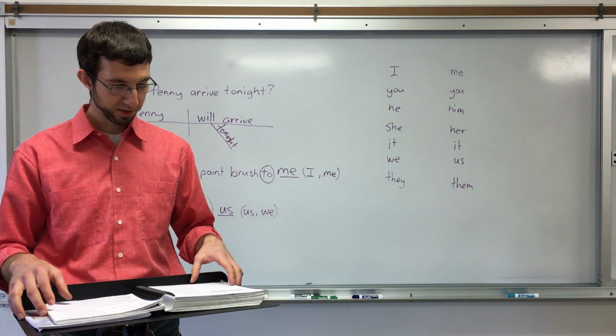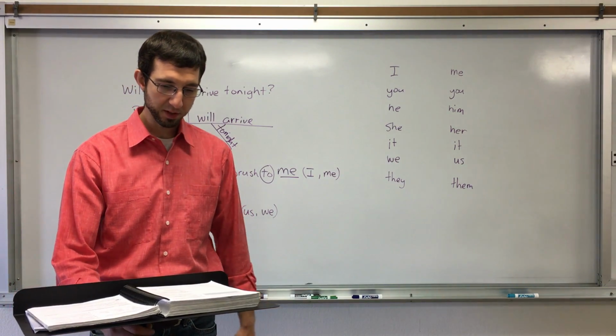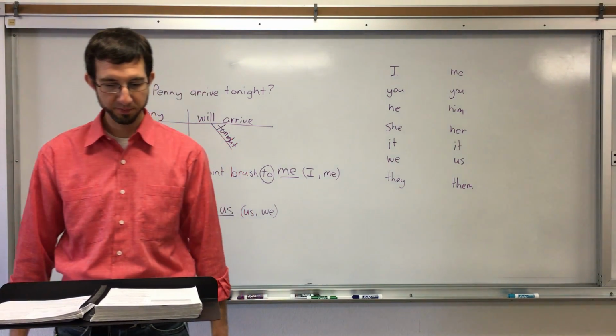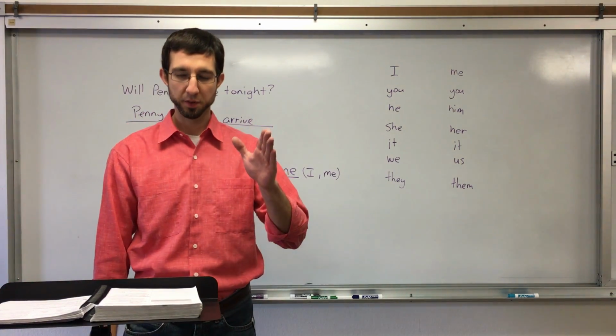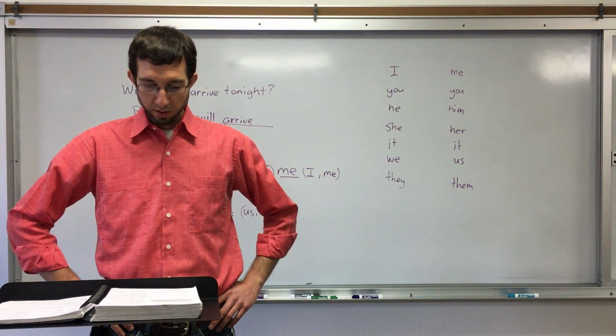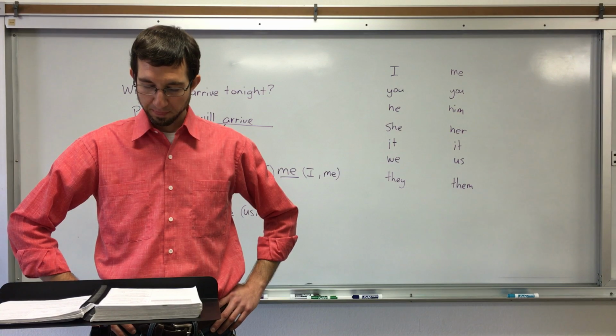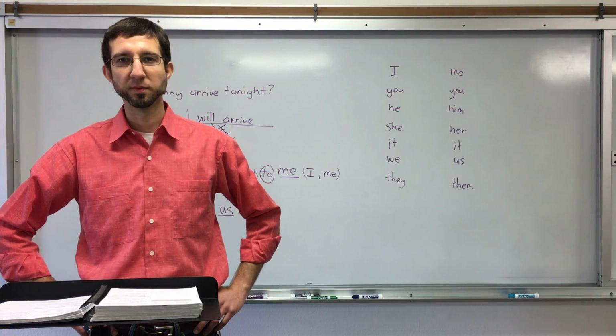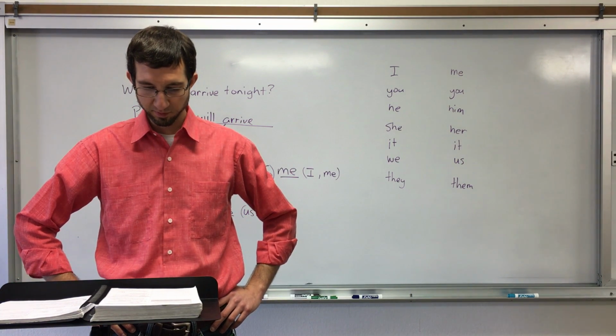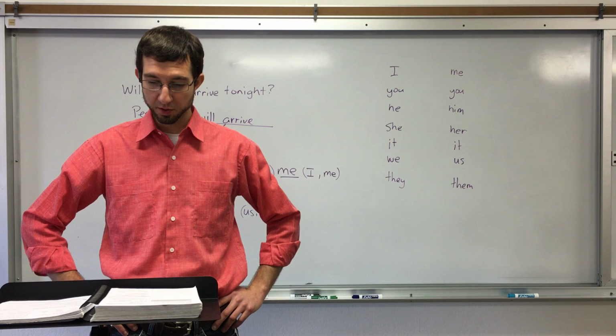Okay, hopefully that makes sense. Let's talk about a few other things now. Part D of today's lesson. Take a look at that. Page 13. It says, write the definition for each word.